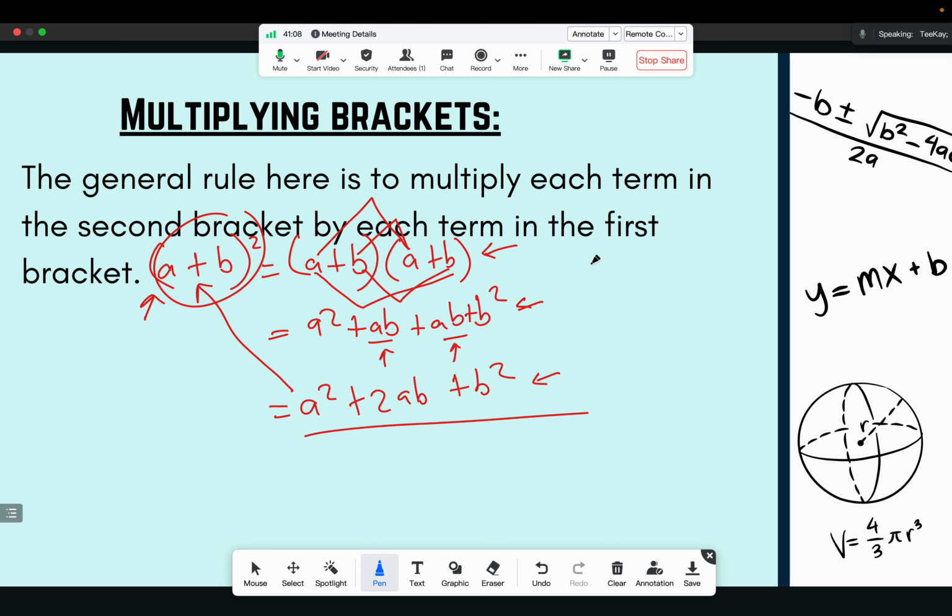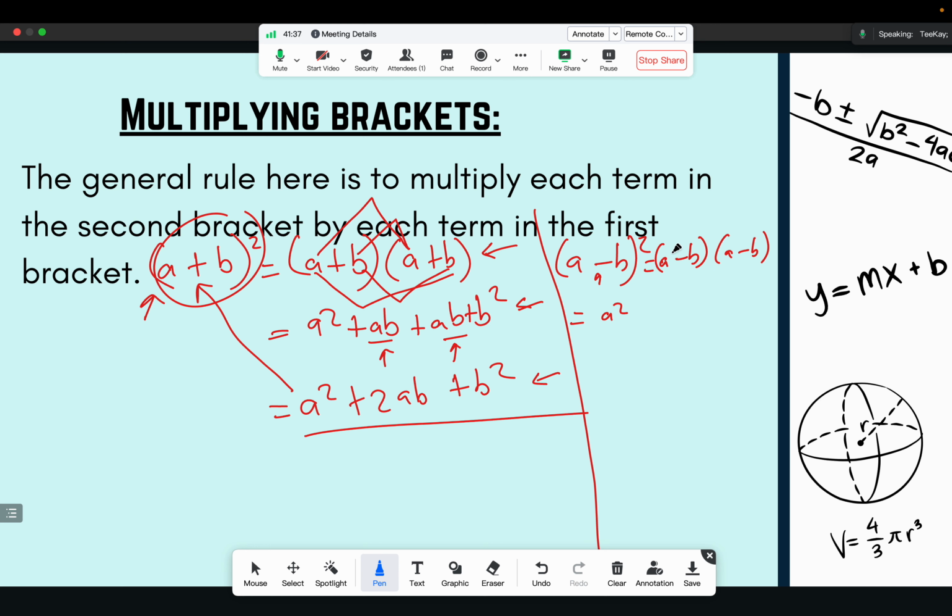But what about if we have A minus B squared? Now, this is a little bit different because now we have minus here. Here we had plus. So let's see what's the difference. Okay, so first thing we say A minus B and A minus B like this. So this and this will give us A squared.